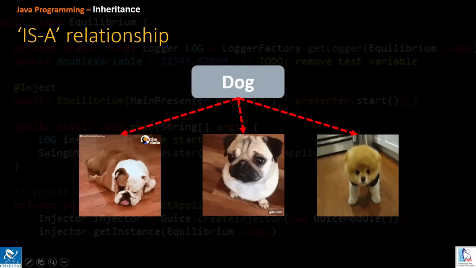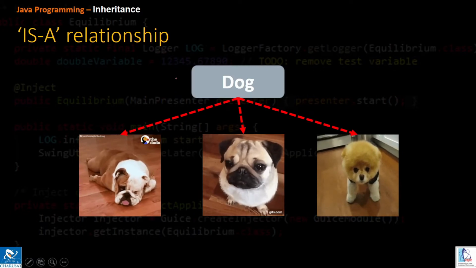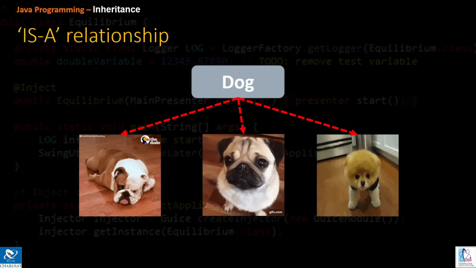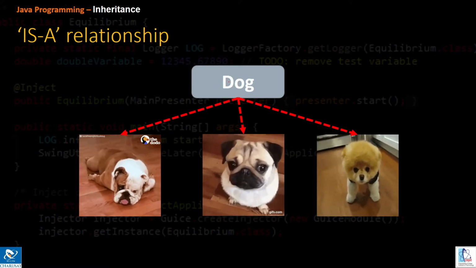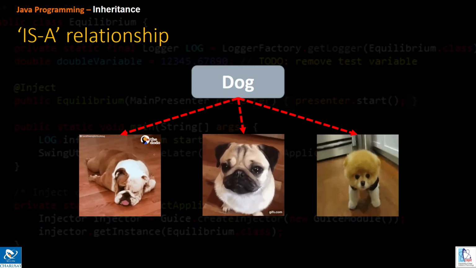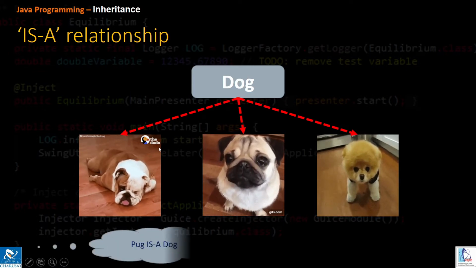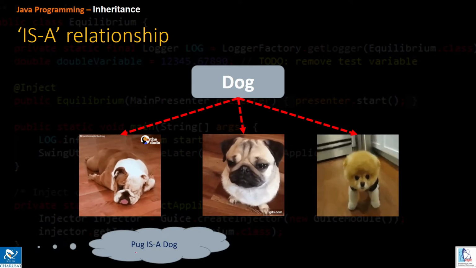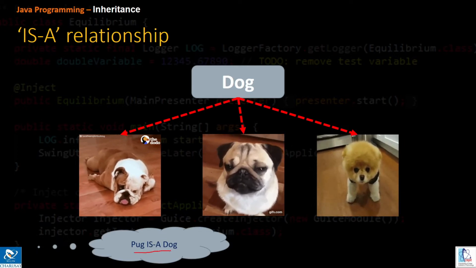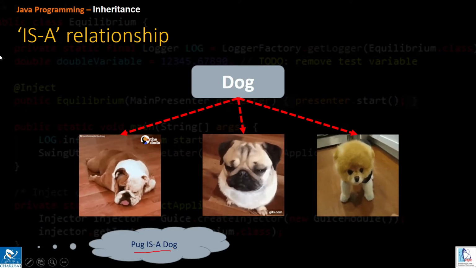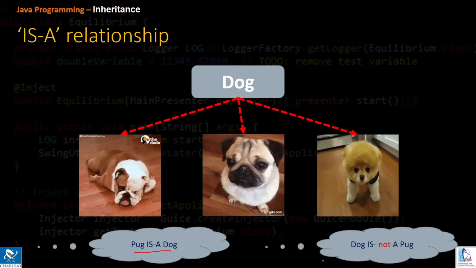Here is a very simple example of inheritance. Consider that there is a superclass or parent class called dog, which has three subclasses. You can say that a pug is a dog, but you cannot say that a dog is a pug.